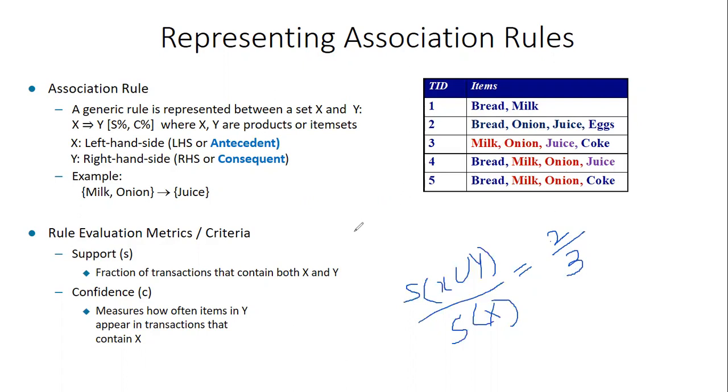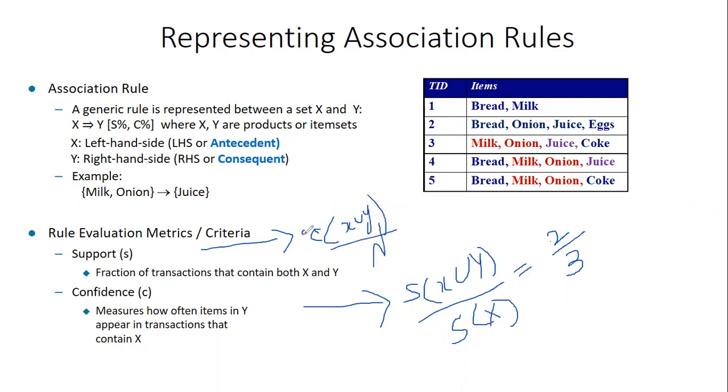When I take the support, support is nothing but the total number of transactions. This is for the confidence, what I have written. So how do we find the support count of milk onion juice, that is X union Y, whole divided by N?